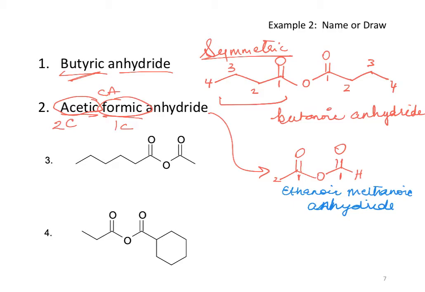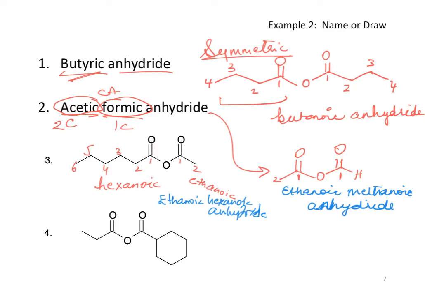So let's take a look at the next one. We have 1, 2, 3, 4, 5, and 6. This must come from hexanoic acid. We have only 2 carbons on the other side, so that must be ethanoic. We are going to put these together to reflect our name. So it could be ethanoic hexanoic anhydride as the proper IUPAC name.